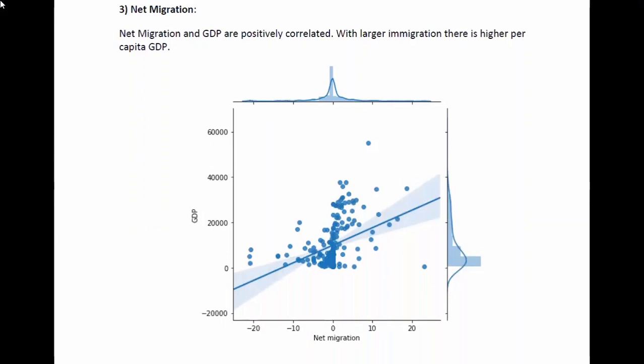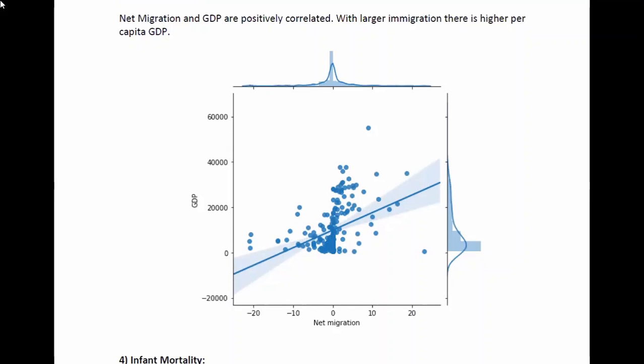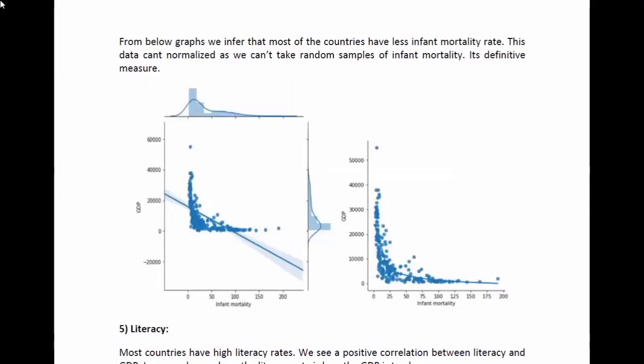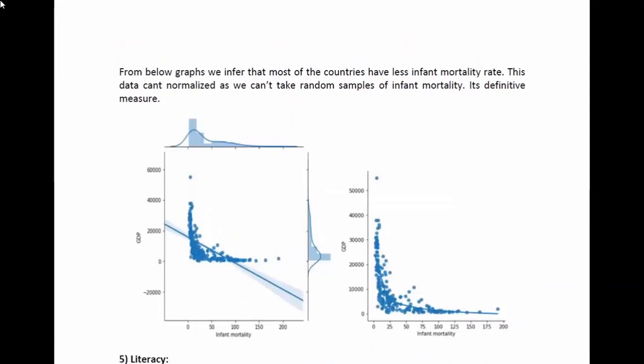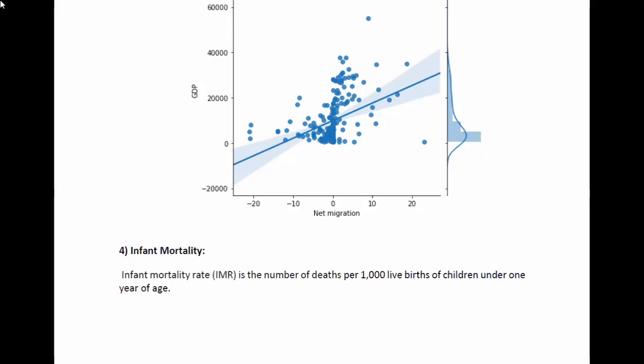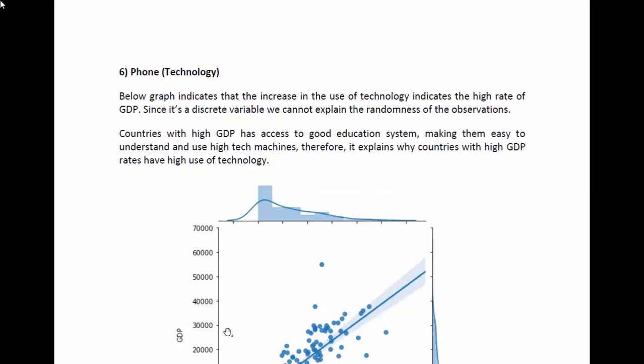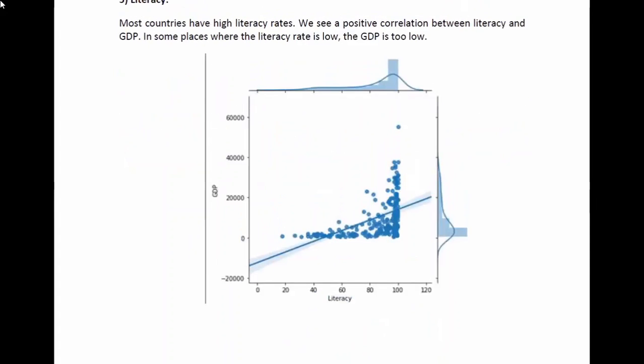So it's clearly visible in the graph that net migration and GDP are highly positively correlated. So controlled migration would help in GDP is what I infer from this graph, because migration would actually mean more jobs for the people who migrated in other countries, and more jobs means more economy and higher GDP.